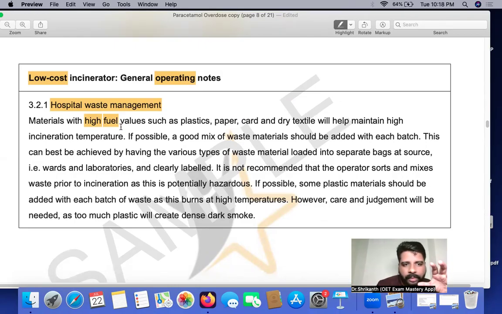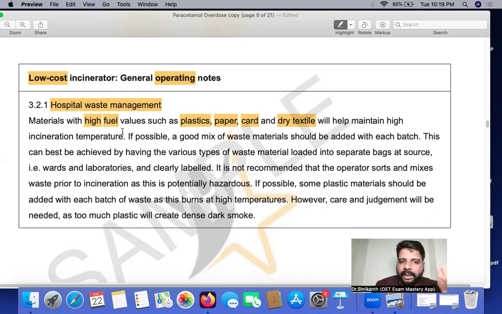So like that you must be able to understand the meaning and go. So materials with high fuel values such as plastic, paper, card, dry textile. These are all fuels because they burn very easily and they produce a lot of energy. That is why they are called materials with high value fuels.